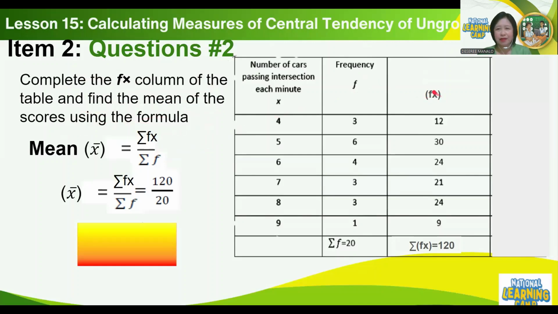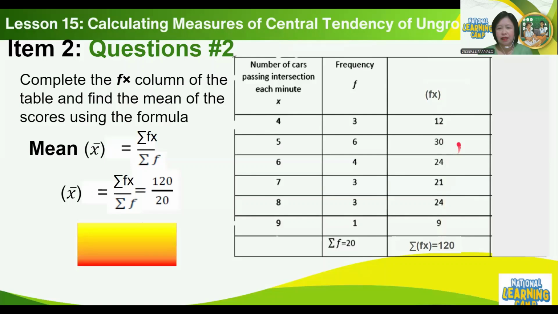How do we get the values for the fx column? It is just 4 times 3, 12. 5 times 6, 30. 6 times 4, 24. 7 times 3, 21. 8 times 3, 24. 9 times 1 is 9.